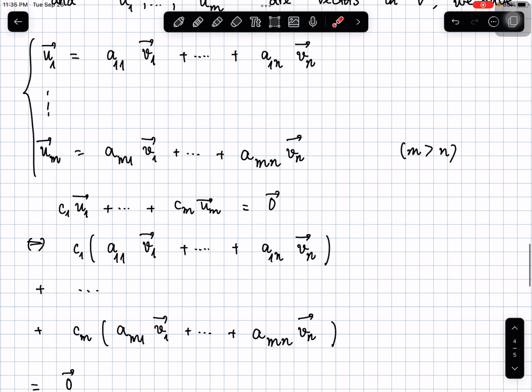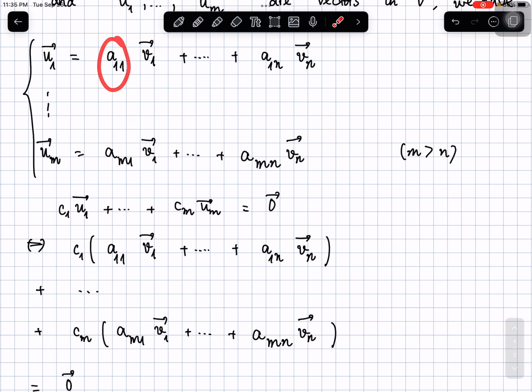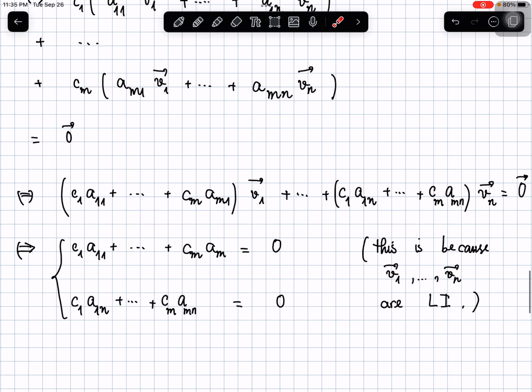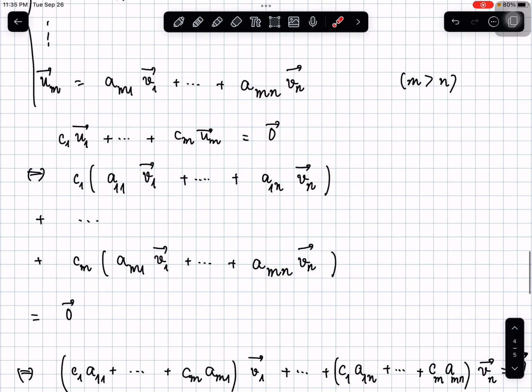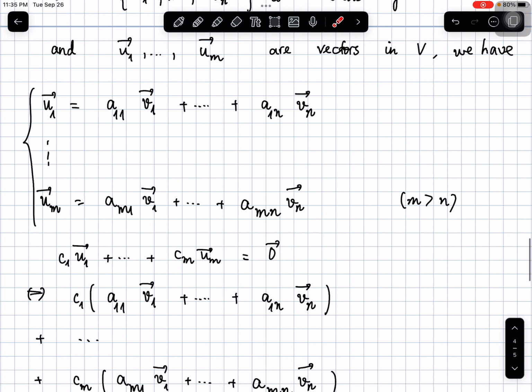The a11, a1n, am1, amn are coefficients, they are scalars in R. We know these scalars because they express the vector ui in terms of v1 to vn.